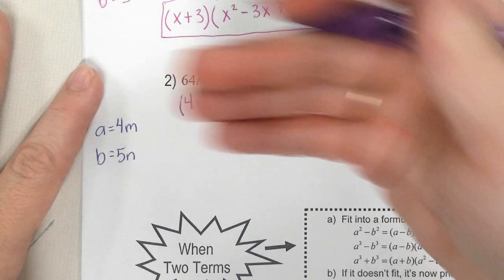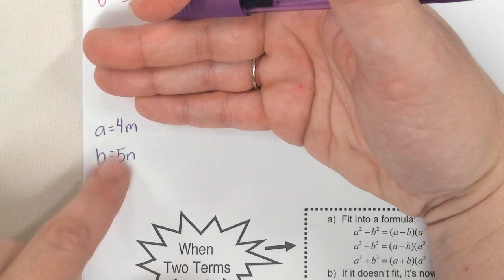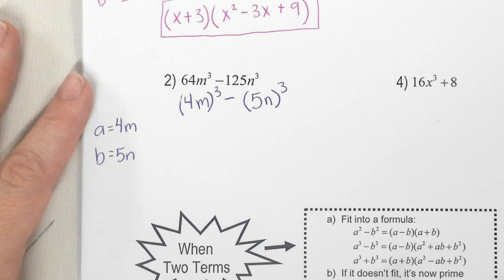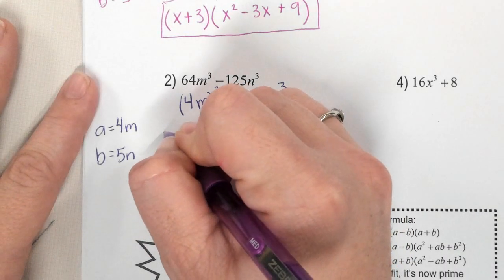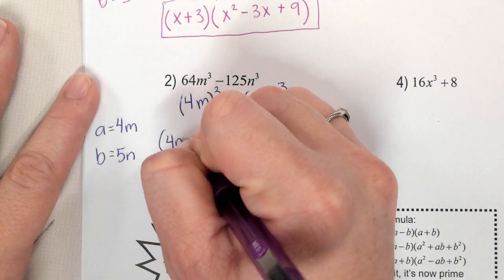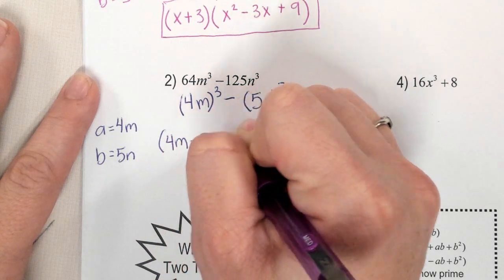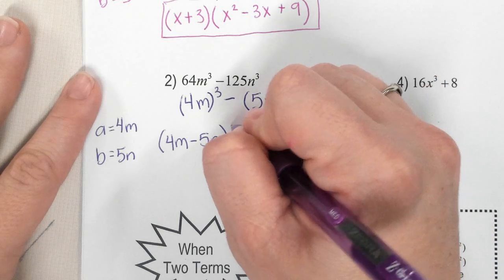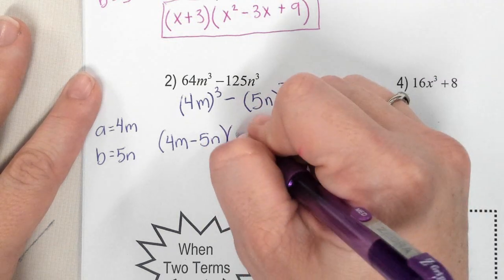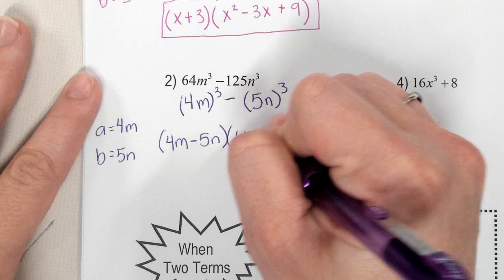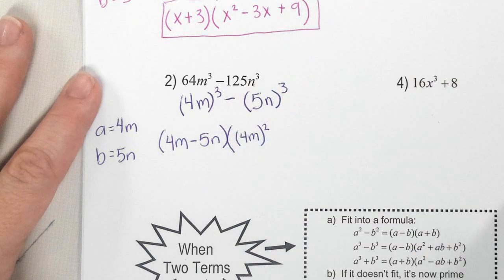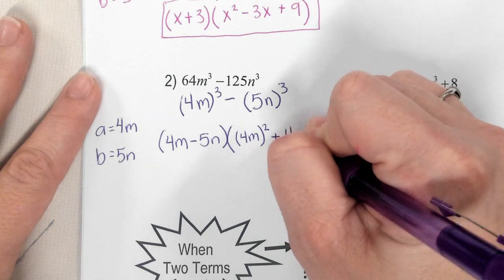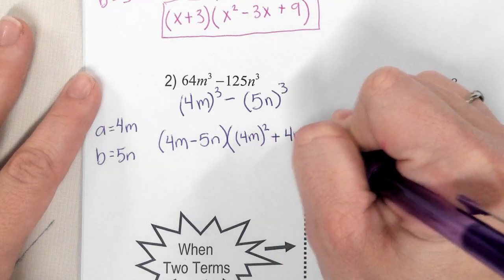So again, we're going to ignore all that, and we're only using this now to find our answer. So now we're using difference of cubes, which starts with A minus B. So 4m minus 5n. And then I open the next set of parentheses, and I do A squared, and I'm going to use parentheses. 4m squared plus, this is the opposite, A times B, so 4m times 5n.